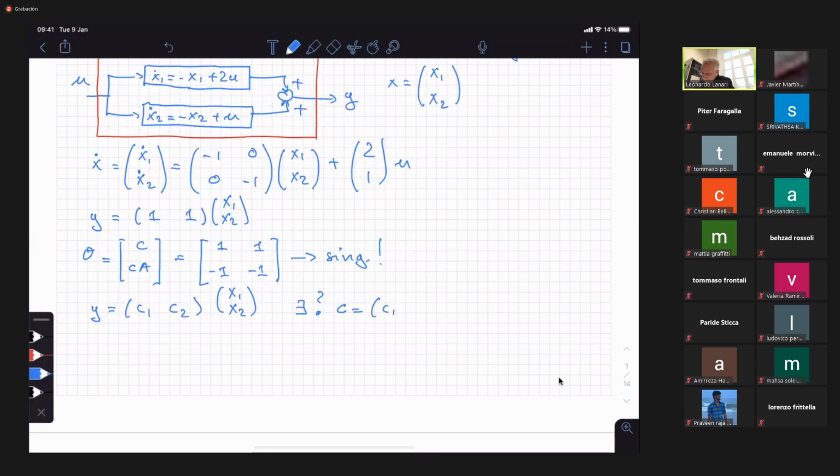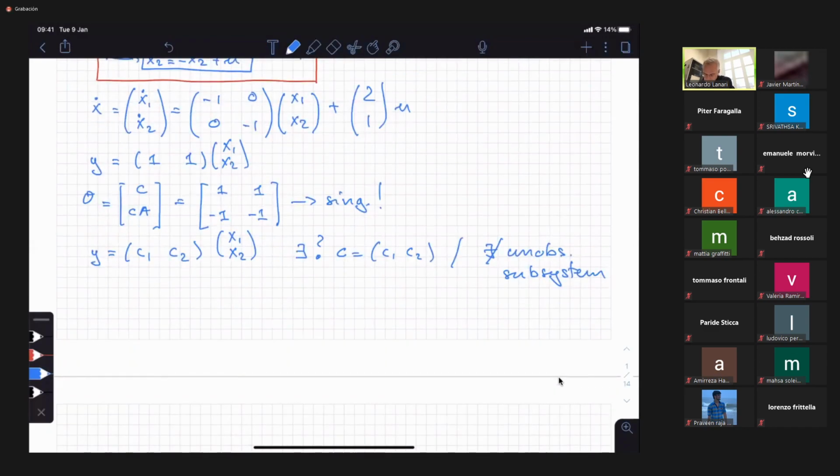So this is the question we may ask ourselves. Well, let's compute the corresponding observability matrix. We have C1, C2, and we have minus C1 and minus C2, which we see that it is still singular.